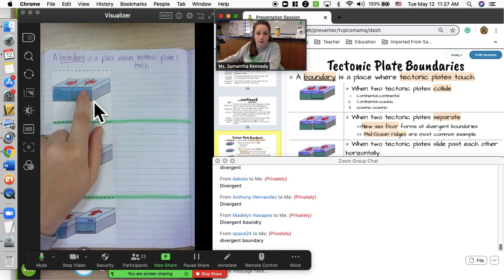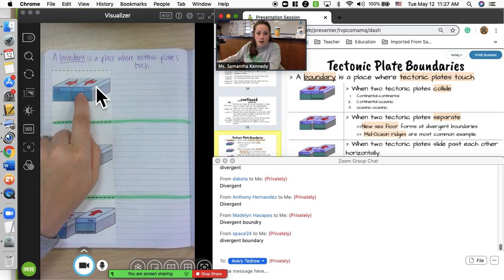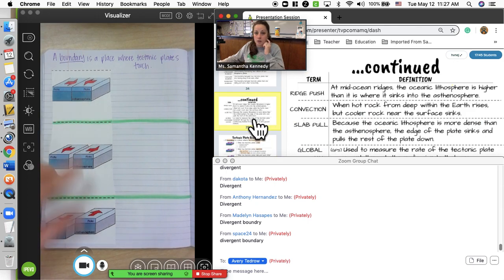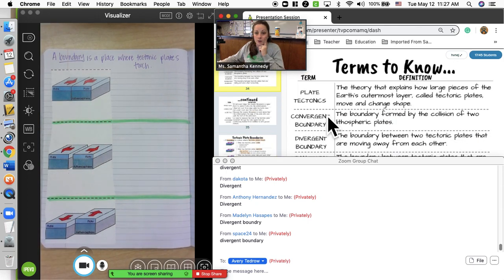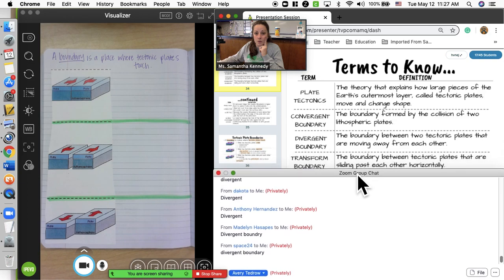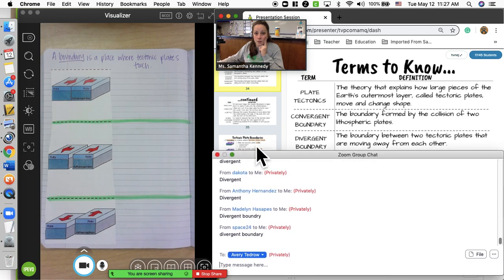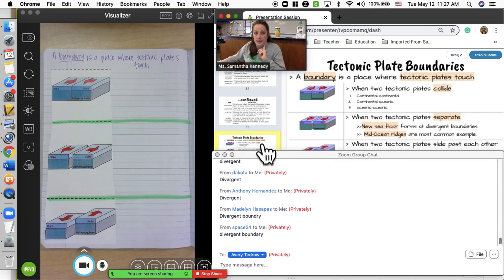So looking at this, what is the name of this boundary type? If we look back at our terms to know, we have convergent, divergent, or transform. The first one that is shown, is that a divergent, convergent, or transform?